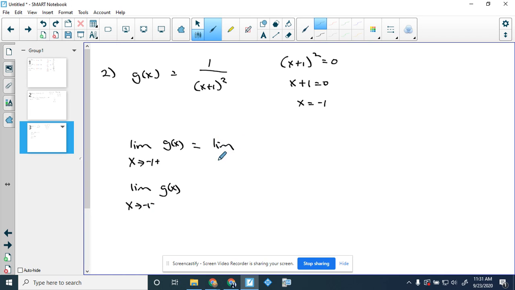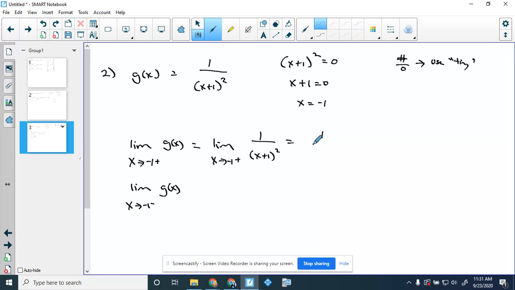So that would be the limit as x goes to -1 from the right of 1 over (x plus 1) squared. And you're like, all right, I guess I can kind of use stuff we used before. If I chuck -1 in here, I get 0 in the bottom. And if you remember, a number over 0 is not an indeterminate form. That means the limit doesn't exist, but we have a procedure, and that procedure is to use tiny.